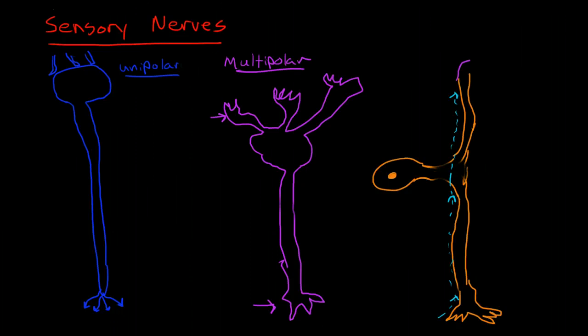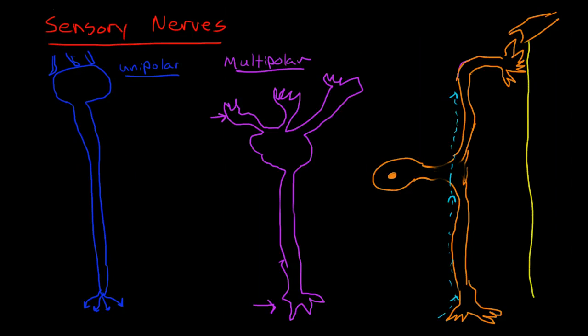and then it goes into the dorsal root of the spinal cord, where the axon then synapses with other nerves. So it's called pseudounipolar because it starts out with two pieces of axon, and then those two pieces get fused together to make a single pole. There's a reason this is important. With the sensory nervous system, we have the spinal cord running down here.